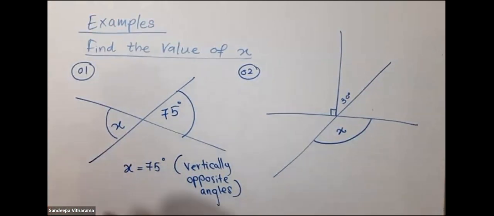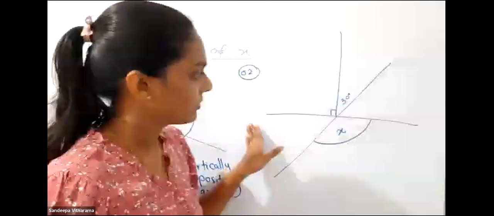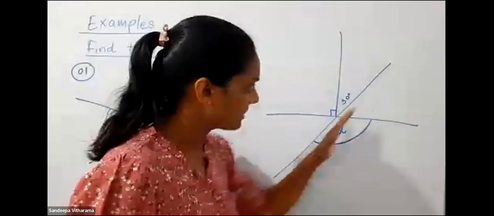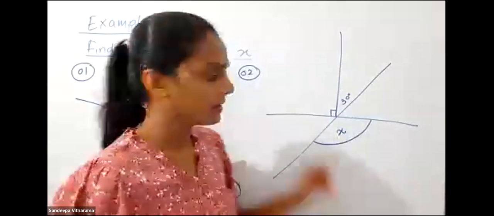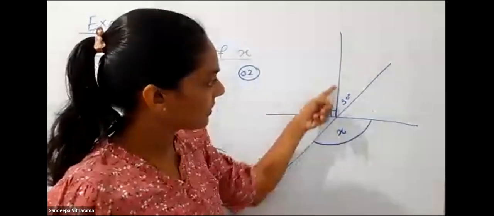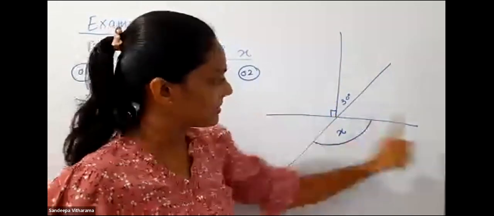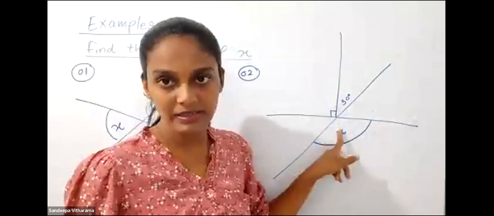Now you have to identify vertically opposite angles because here two straight line segments meet each other. No? Look at this straight line segment meeting this straight line segment here.